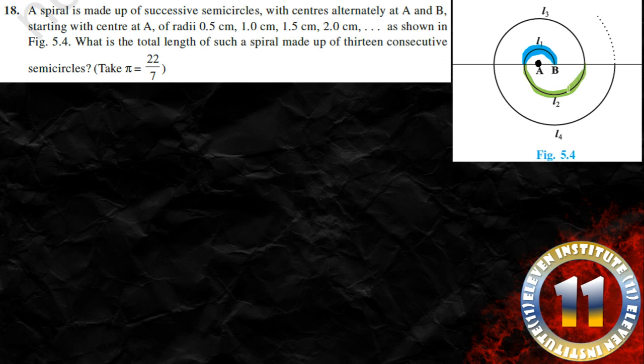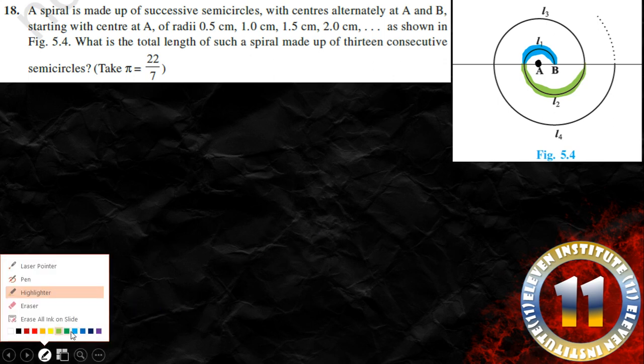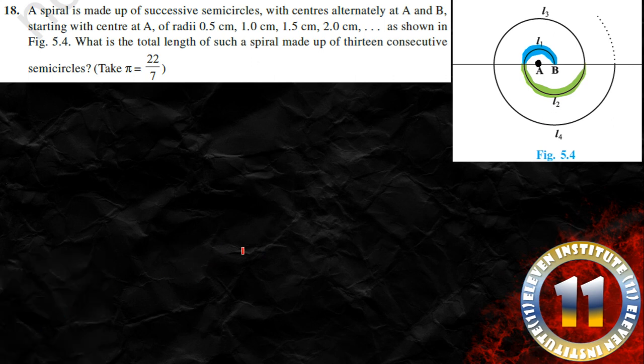Then again we take A as center, from here to here this much as radius, and again we draw a semicircle. Each semicircle will have its length, and we are increasing the radius progressively.